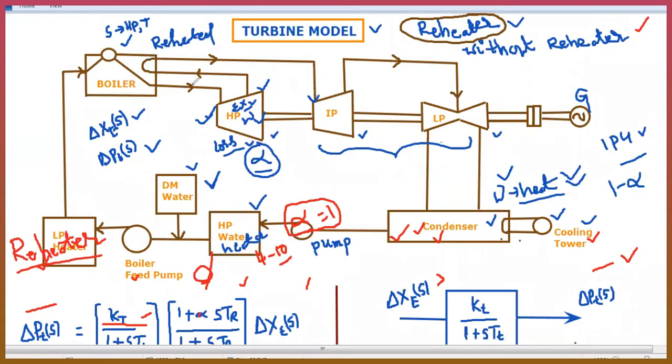The steam at high pressure and temperature is allowed into the high pressure stage of the turbine, where it expands, and during the expansion process it does some work on the vanes of the turbine.